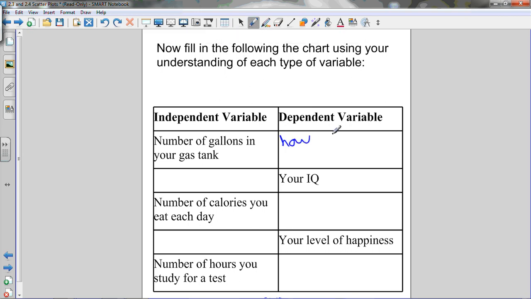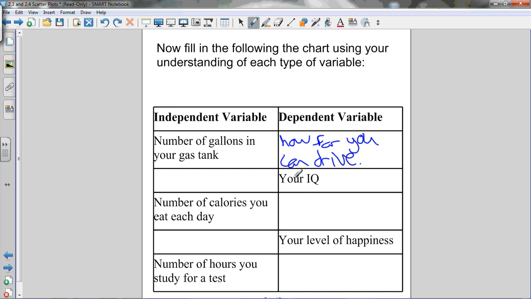The amount of gas you have affects how far you can drive. How far you can drive depends on how much gas you have in your tank. So how far you can drive is the dependent variable, and the number of gallons of gas in your tank is the independent variable.